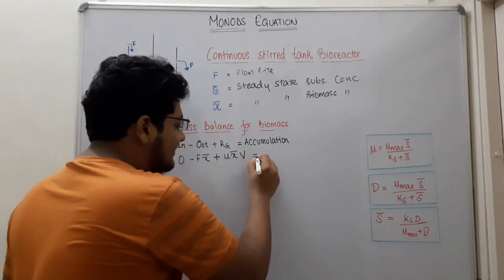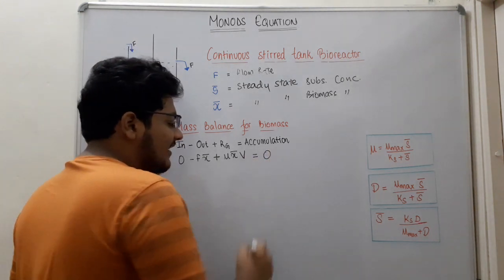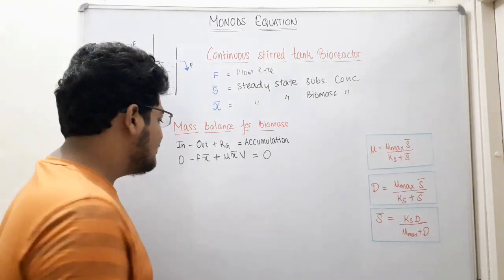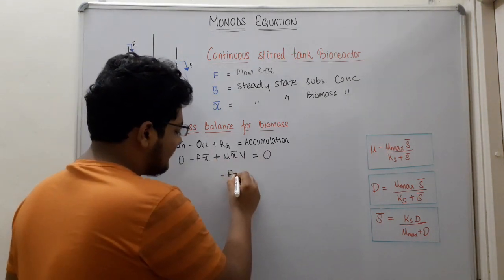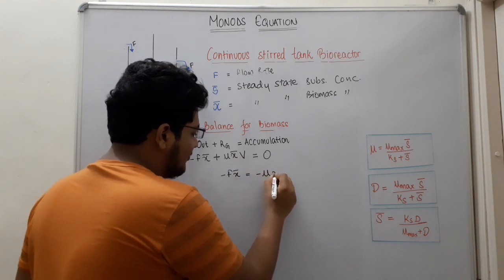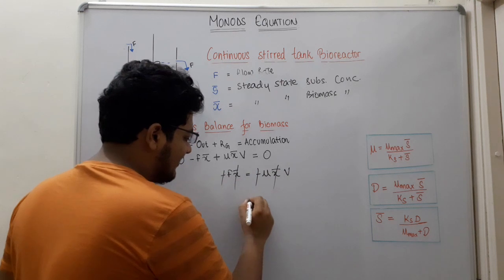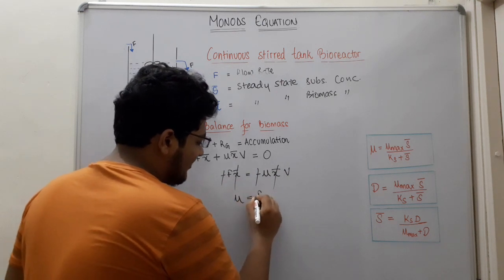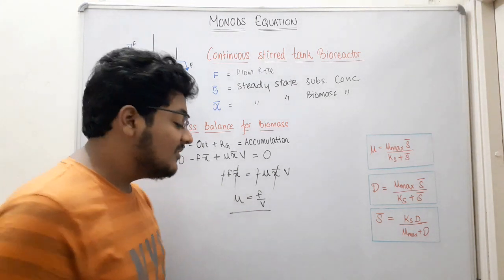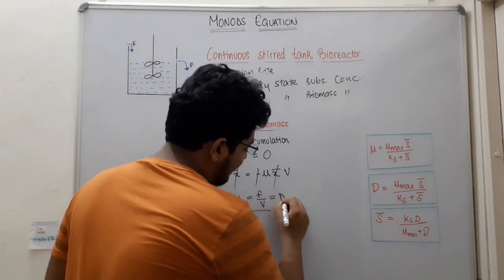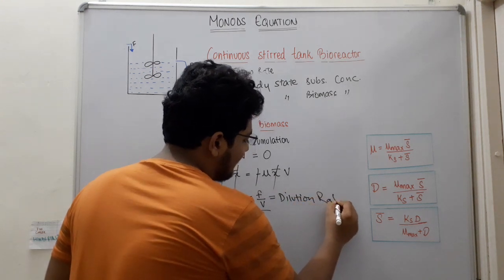Under steady state conditions, again there is no accumulation, and therefore accumulation is 0 here. Now we transpose these terms and we get minus F x bar equals minus mu x bar into V. We cancel out x bar, and we get mu equals F by V. And this F by V represents another term which is the dilution rate.